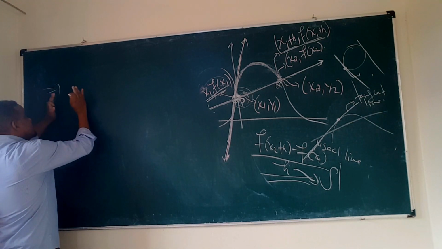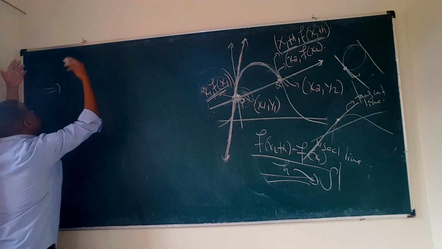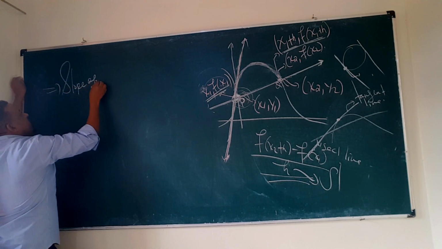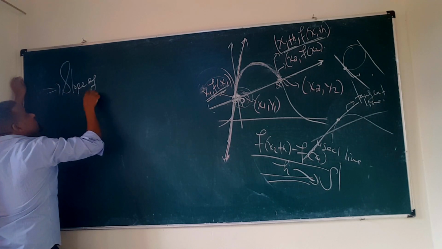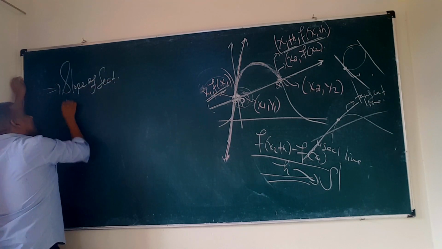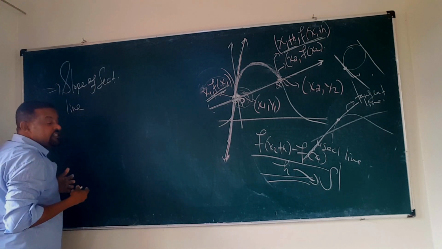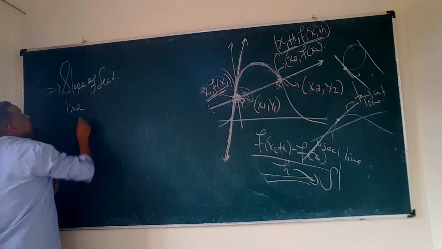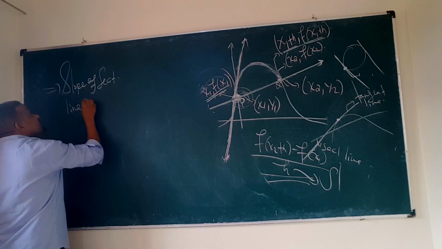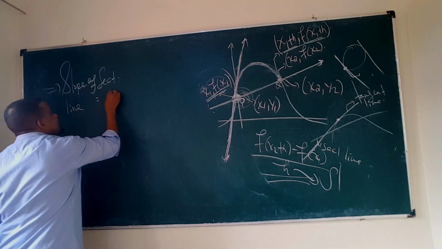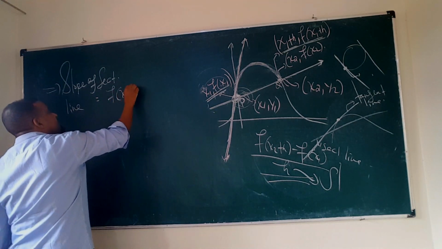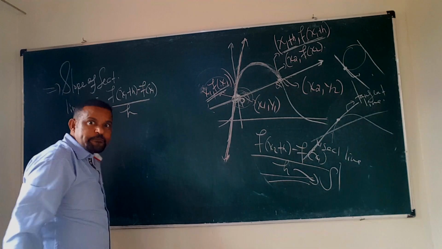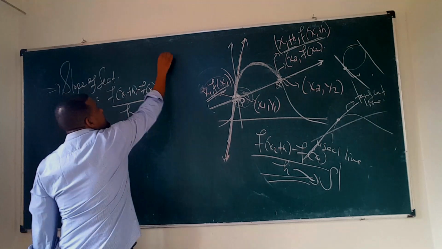From the above discussion, that slope of the second line, that means the average rate of change of f of x ማለት ነው። ልብ አድርጉ። The average rate of change of f of x, that slope of the second line, that means this f of x1 plus h minus f of x1 over h becomes what?